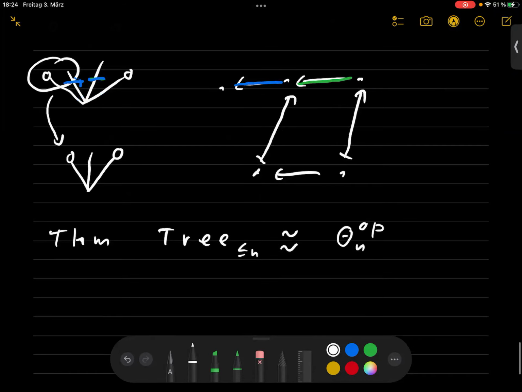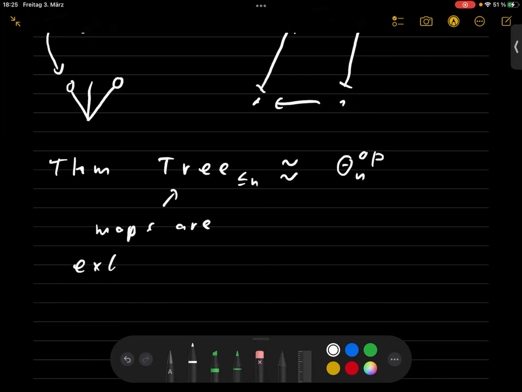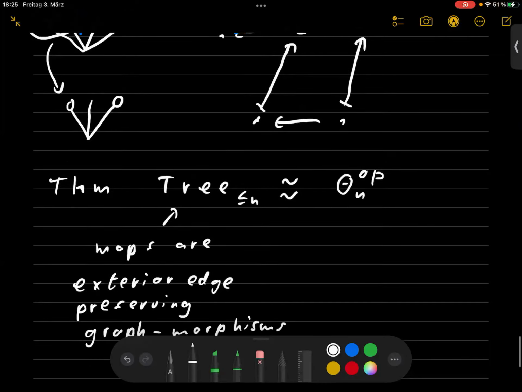And tree maps here are of course exterior, edge preserving morphisms or graph morphisms. Okay.